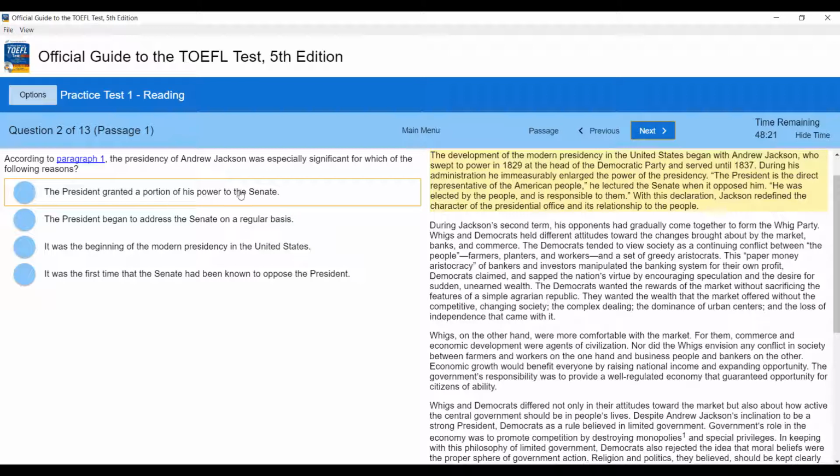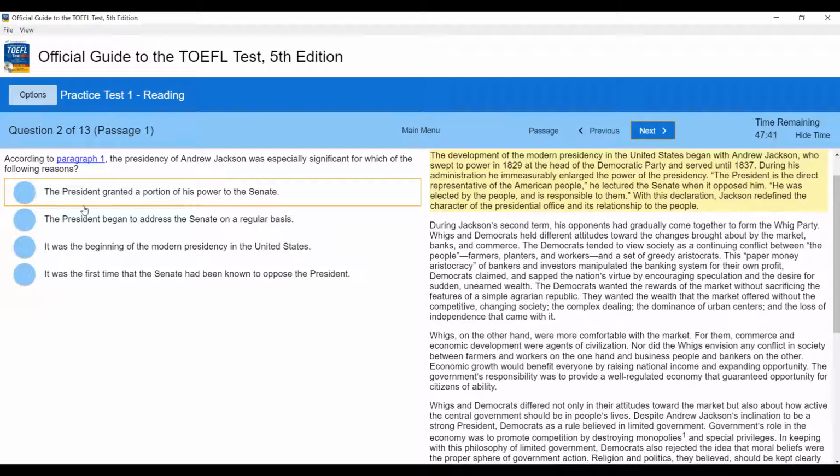We see the word power, we see Senate, and you can also see on the screen here, power and Senate. A distracted student could see those two together and guess that that's the answer. So be careful if you see some directly quoted keywords in the text and the relationship between those words is not accurate. That is a trick. It's a trap to catch students who are getting distracted.